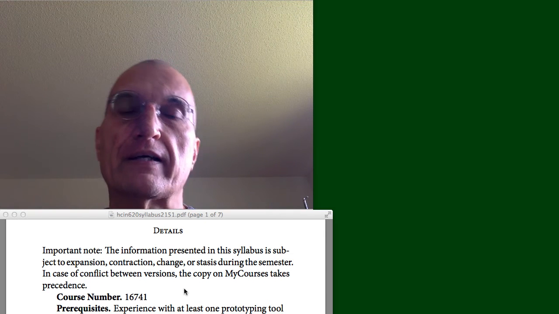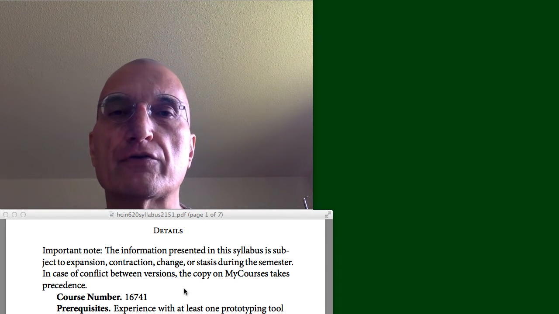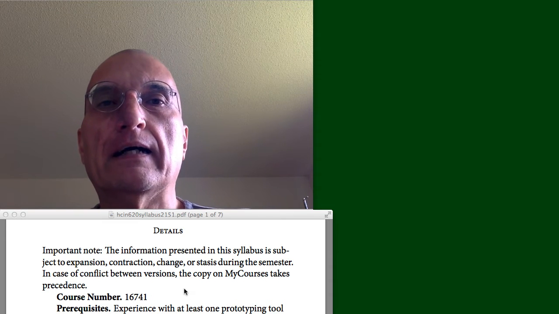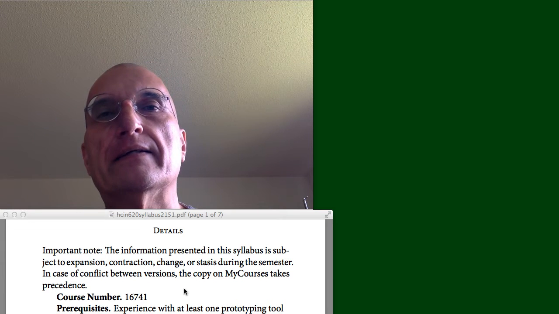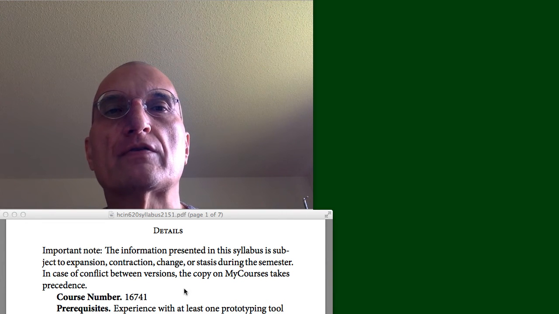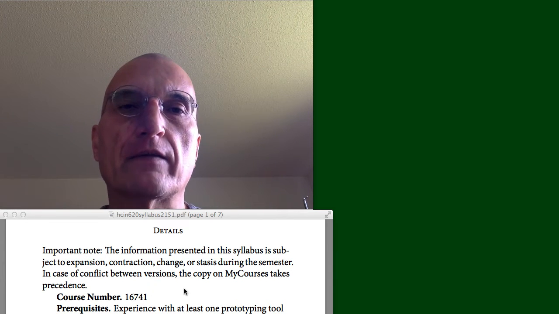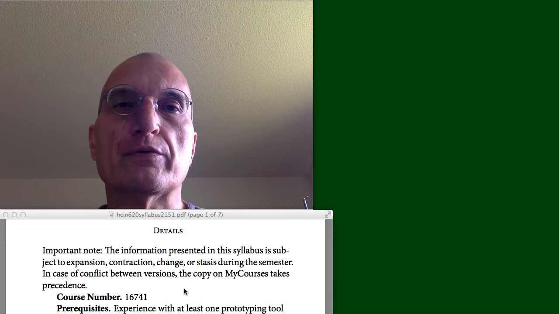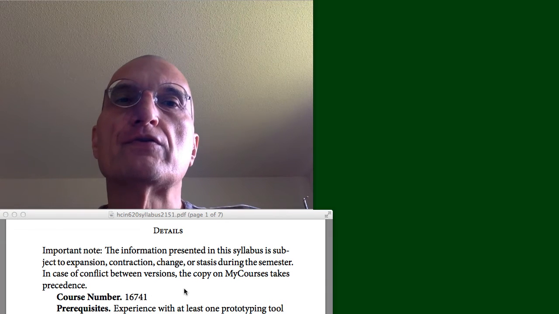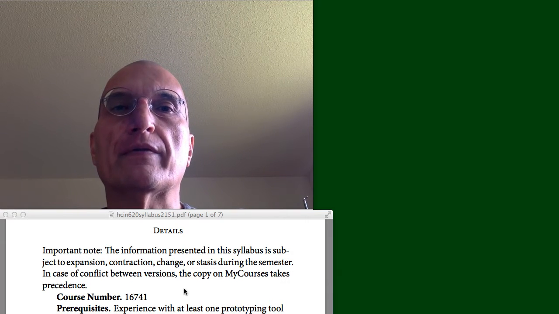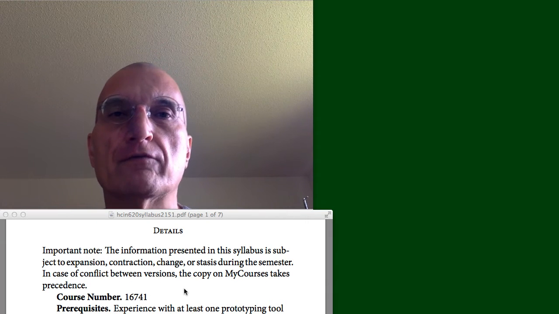I had a group, actually, a pair of students working together, one of whom had no prototyping experience and was affecting the grade of the other student who was having to carry all the weight. So this is an important requirement that you be able to generate some kind of a prototype.